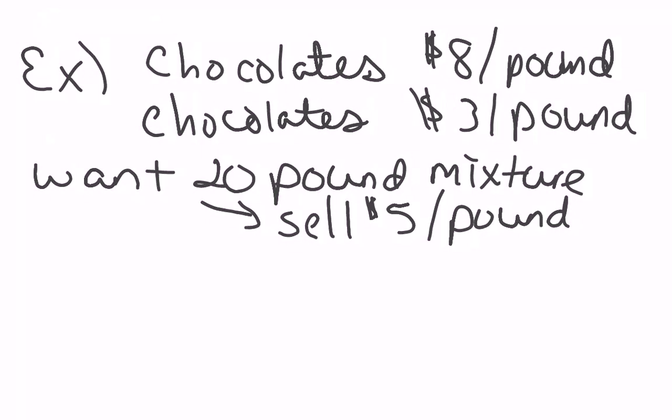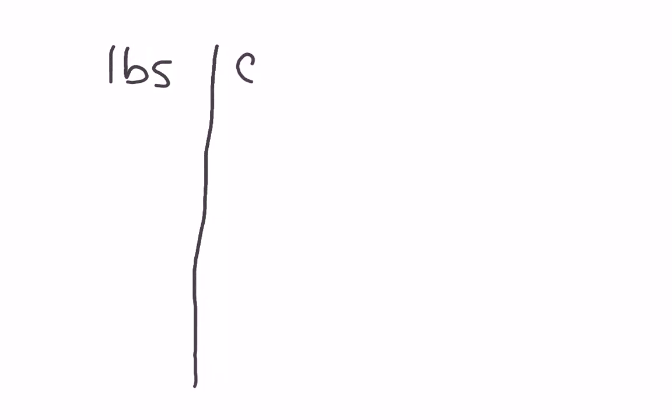Now that we have this information, we can make a chart using all of this, because there's a lot of pieces to it. A chart is sometimes helpful in these situations. So the chart would be pounds of chocolate, and then we would have cost per pound.